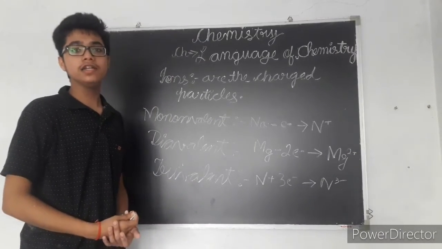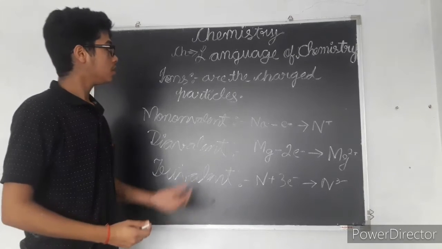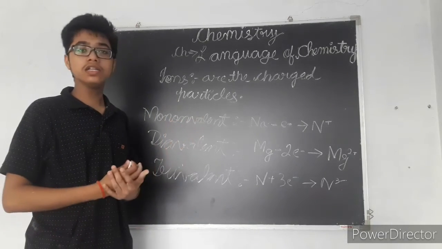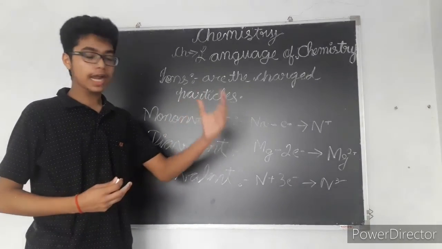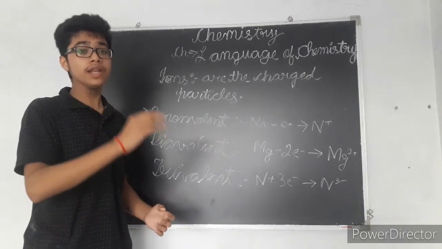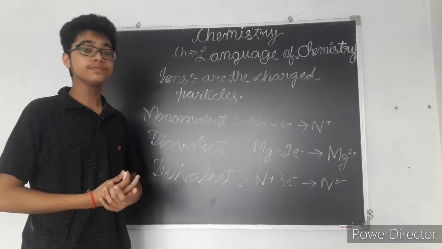We have studied about chemical reaction. During the chemical reaction we have seen that the sodium atom gave one electron to the chlorine atom.